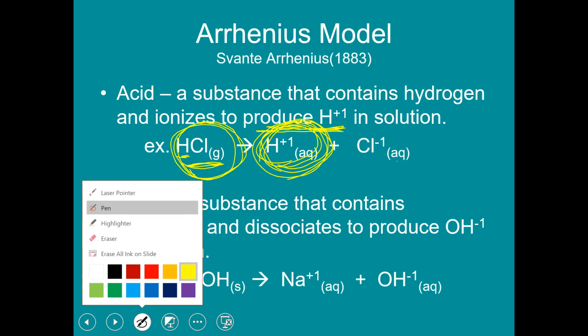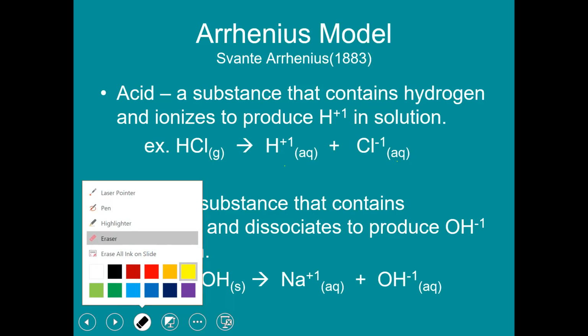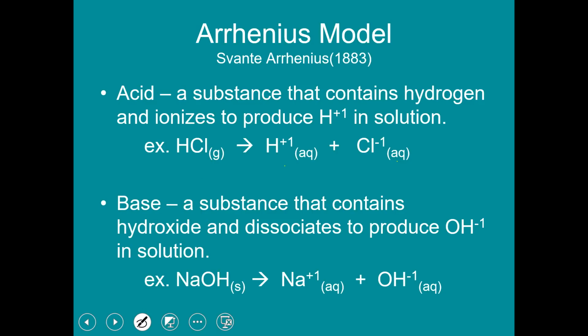So it's not just when hydrogen is present, it's anything that dissolves in water and produces hydrogen ions in the solution. You have to have hydrogen ions in the solution for it to behave like an acid.